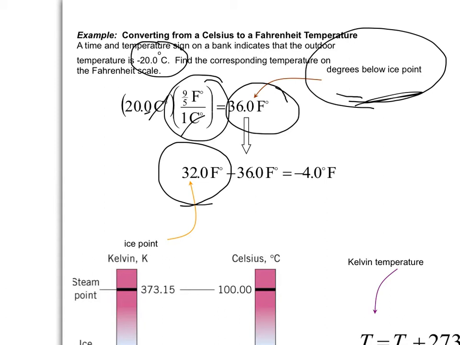The ice point for centigrade is 0, but because we're converting to Fahrenheit, we have to take what the ice point is in Fahrenheit, which is different from centigrade, 32.0, and take away 36.0 degrees, so our final answer is minus 4 degrees Fahrenheit.